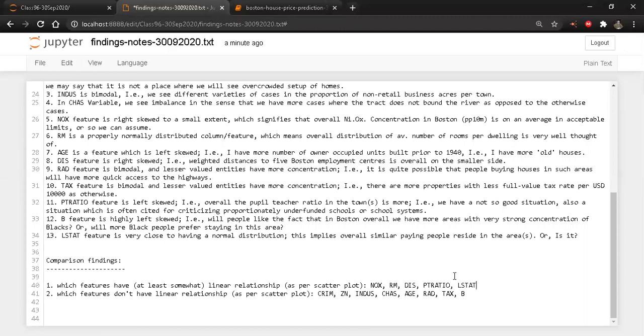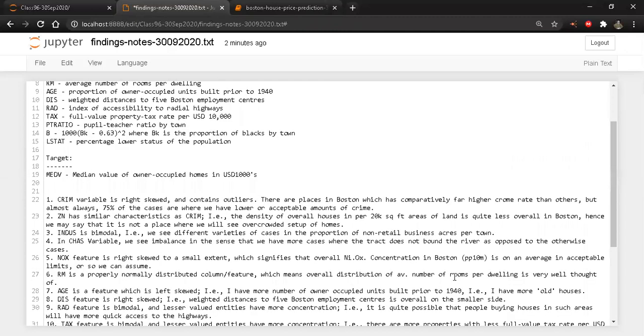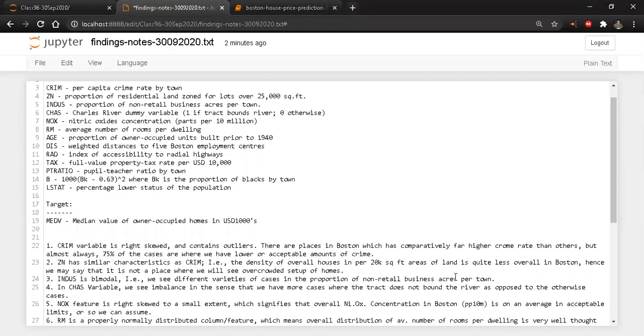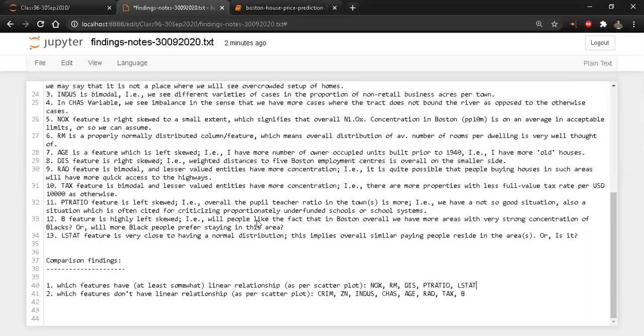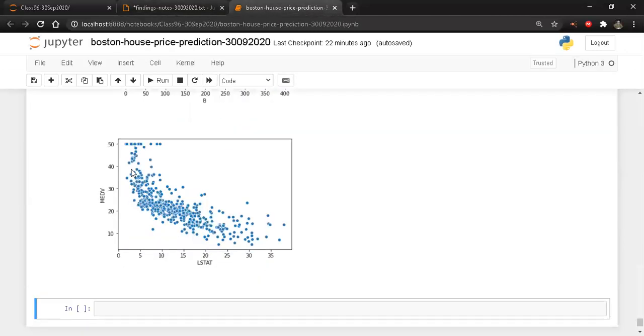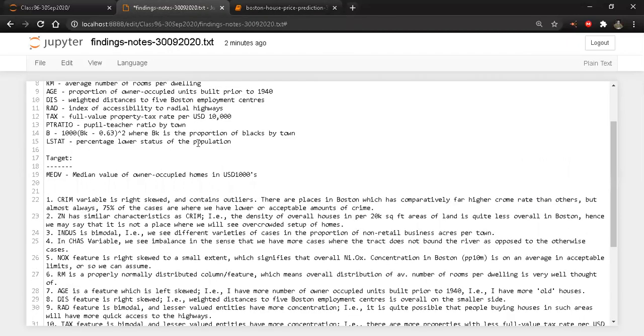So I'll call B here, and LSTAT. What is LSTAT? By the way, LSTAT is the percentage of lower status of the population. And what it is saying is there is a decrease in the price of a house as we see an increase in the percentage of lower status of the population.